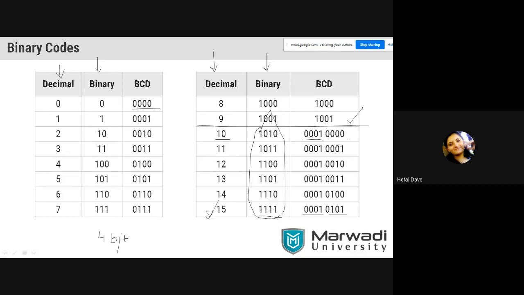After 9, the next 4-bit combination would actually be 1010, but it is not used here. BCD is a coding used to indicate only the numbers 0 to 9. So 1010 to 1111 are not used. Although we can make this bit pattern and make the group, in BCD this group is not used: 1010, 1011 up to 1111.